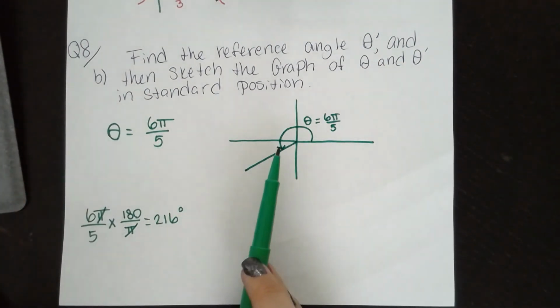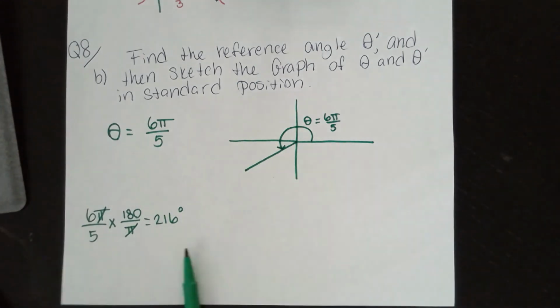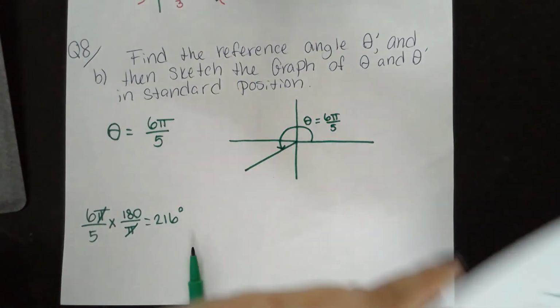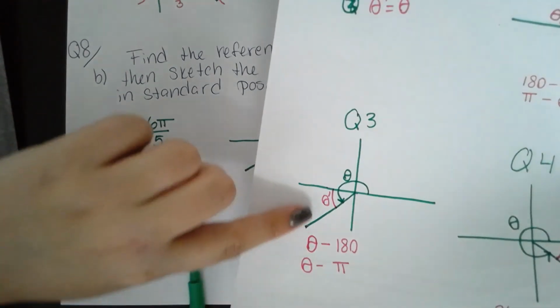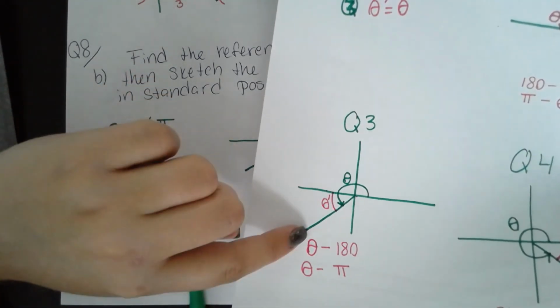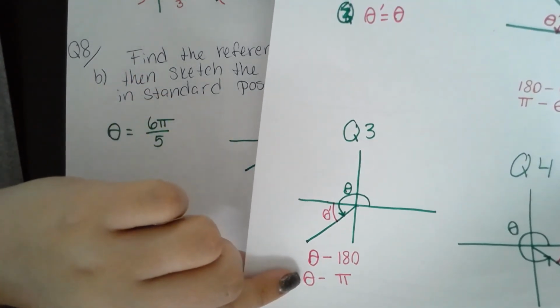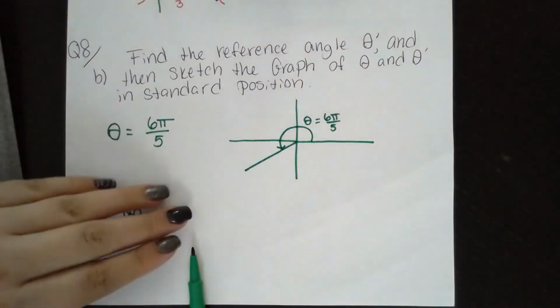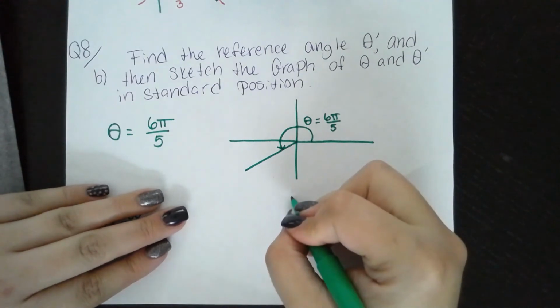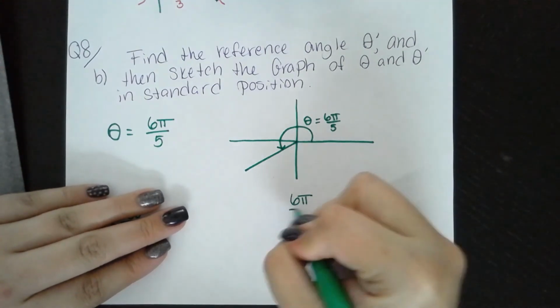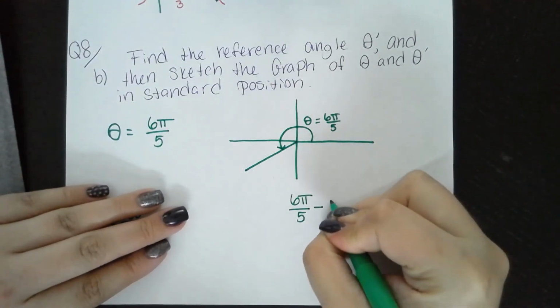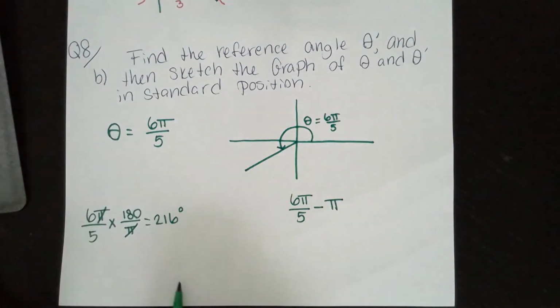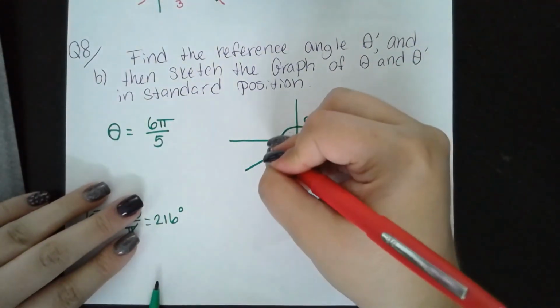Now I can do all the math in radians. So I'm in quadrant 3. My formula for quadrant 3 says that the reference angle is theta, my angle, minus pi. So theta, which is 6 pi over 5, minus pi. That'll give me the reference angle, and the reference angle is here.